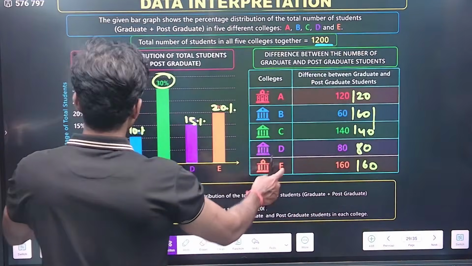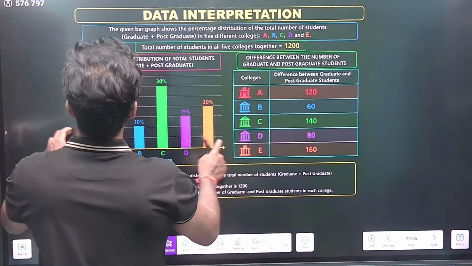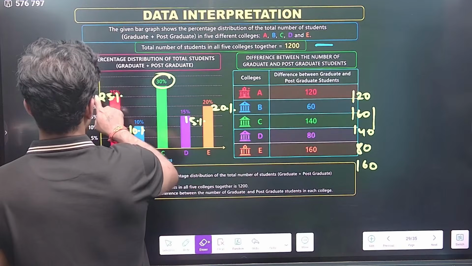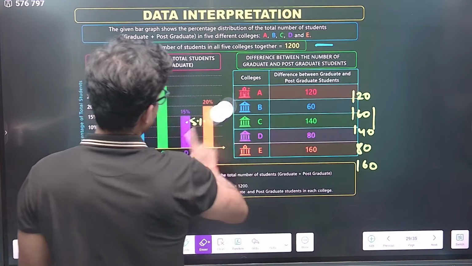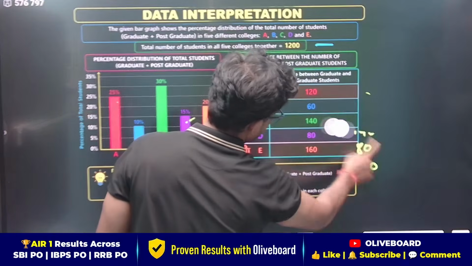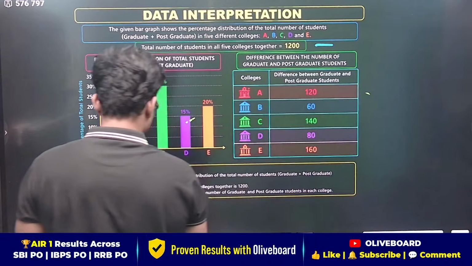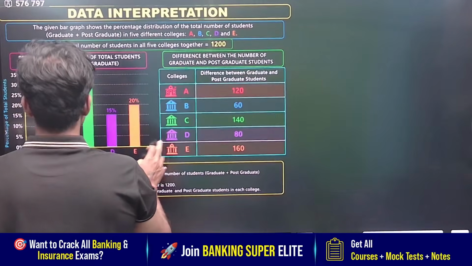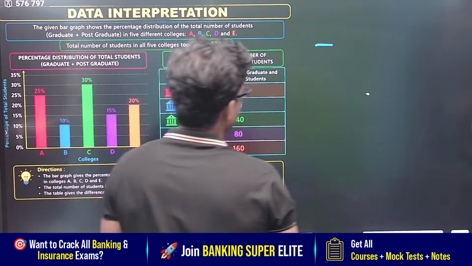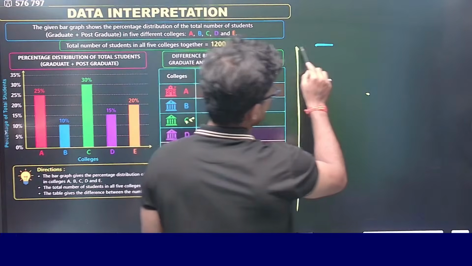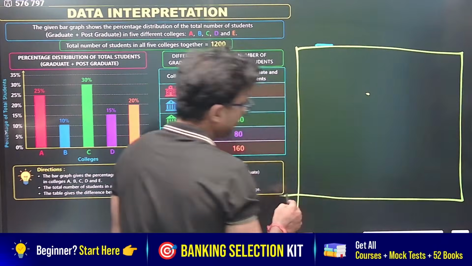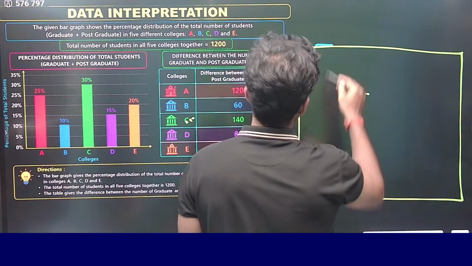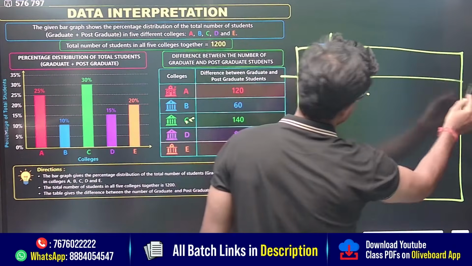Let me guide you through one so that you can understand how to process. Only one I'll guide because we don't have much time. First of all, make a table, guys, okay? Make a table. I'm just making a table for one of you so that you can try. We have A, B, C, D, E. So just make a table.